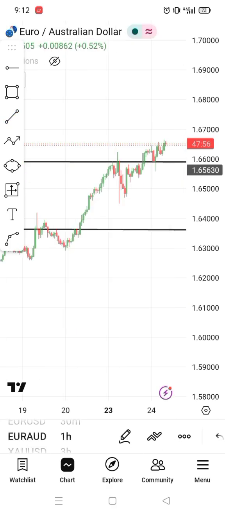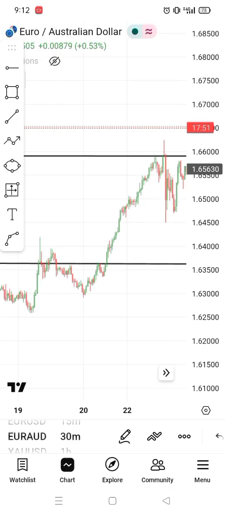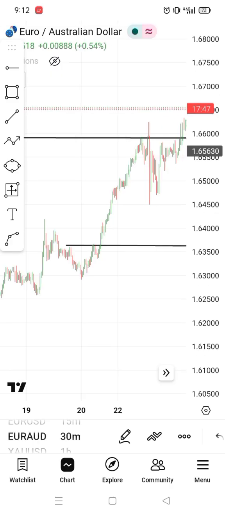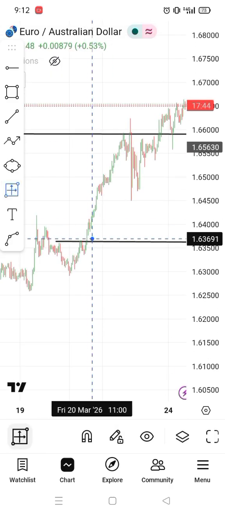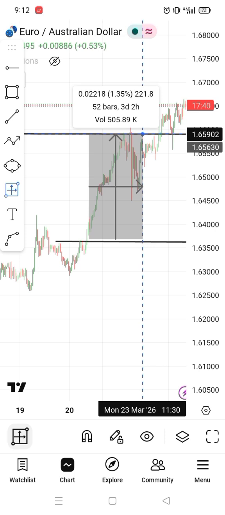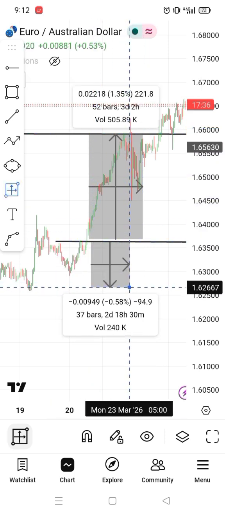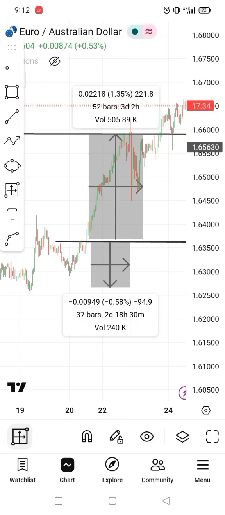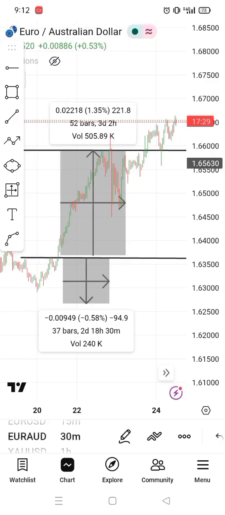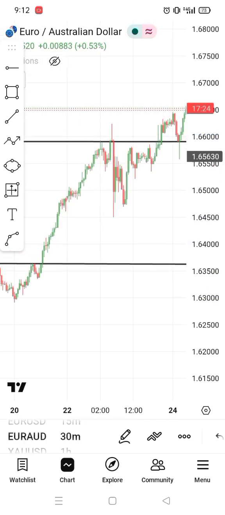Overall, this is a 1:4 setup, risking 94 to get 200 plus. So we can say that this is a successful trade, man.